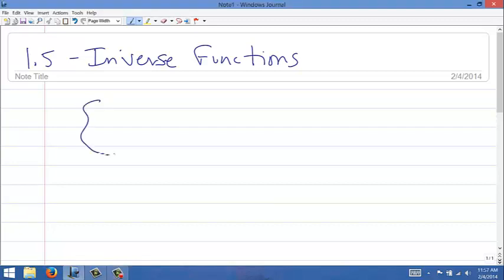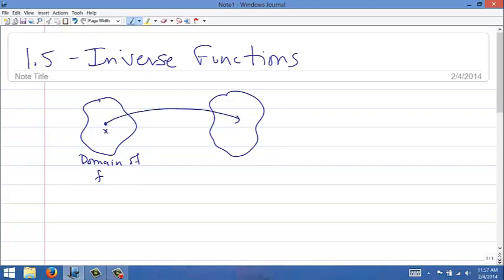Again, let me go back to my little sketch drawing that I like to talk about for functions. So the idea is if this is the domain of f, and I take some x value and apply f to it, then I know I land on some f of x over here, which of course is in the range of f.